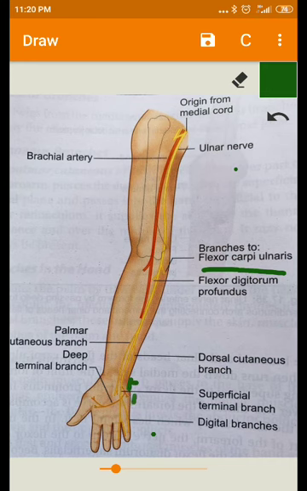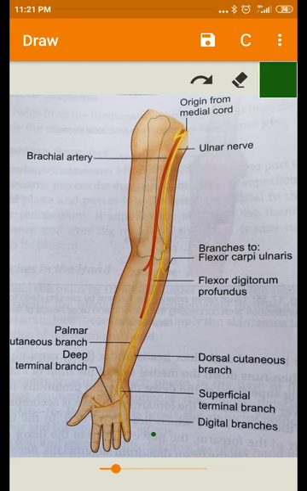One branch is for the medial side of the little finger up to the root of the nail, and another branch divides into 2 slips for the lateral side of the little finger and the medial side of the ring finger, same as on the palmar aspect also. Okay, this is about the dorsal cutaneous branch of the ulnar nerve.